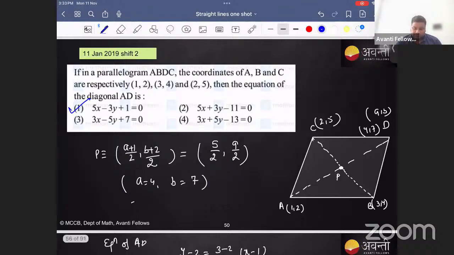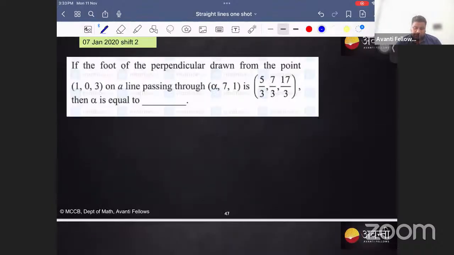Now, the foot of perpendicular drawn from the point (1, 0, 3) on a line passing through this and this is (5/3, 7/3, 17/3). Then alpha is equal to. Yes. How to do quickly attempt?